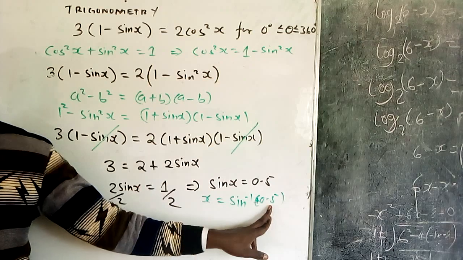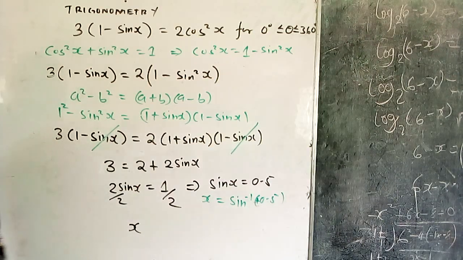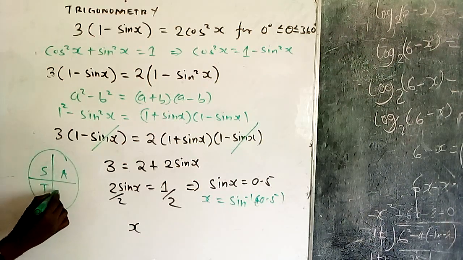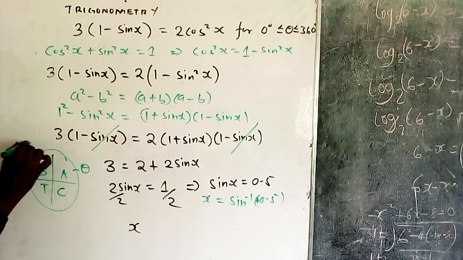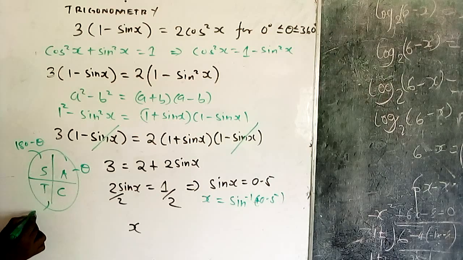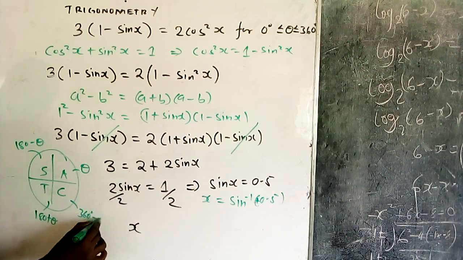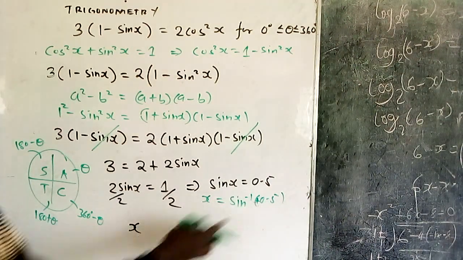After you find the value, the sine sign is telling you which angles you want, because the angle must be in 4 quadrants. If you draw the 4 quadrants, all students take calculus. So the first angle is theta, the second quadrant is 180 minus theta, the third quadrant is 180 plus theta, the final quadrant is 360 minus theta.